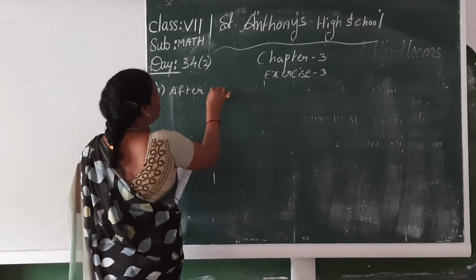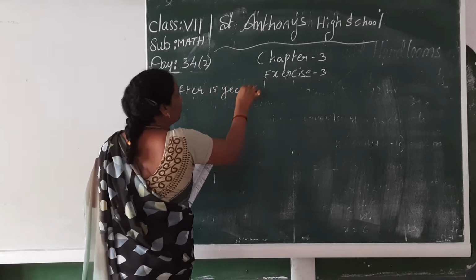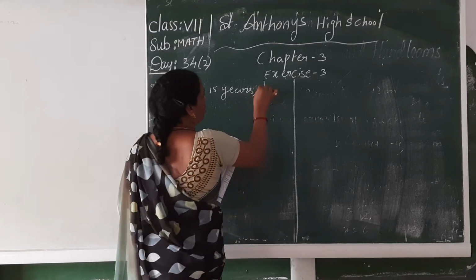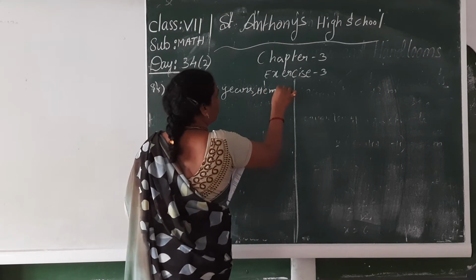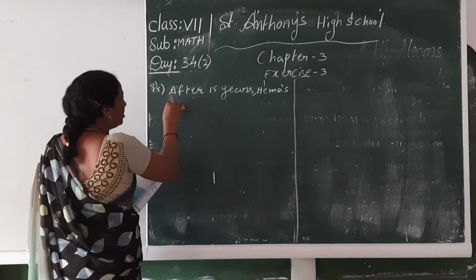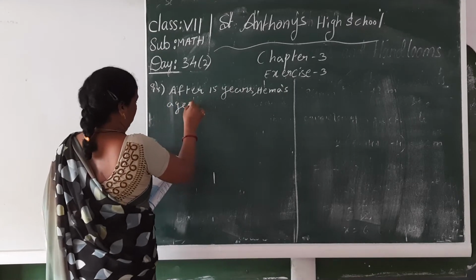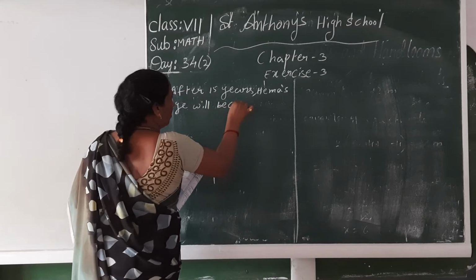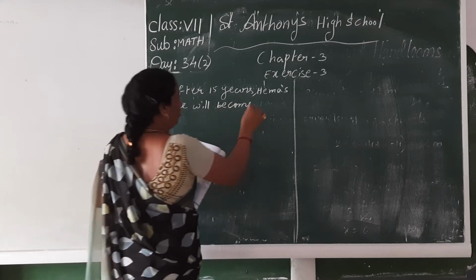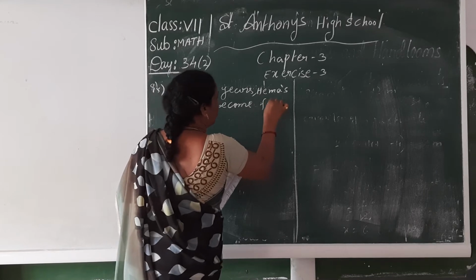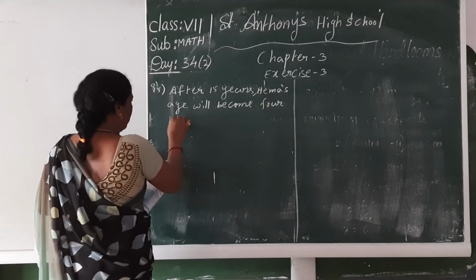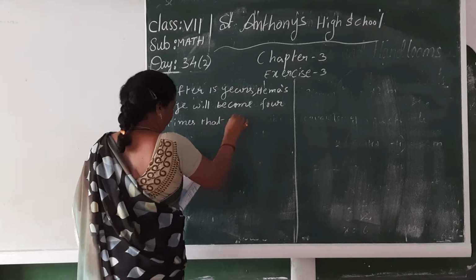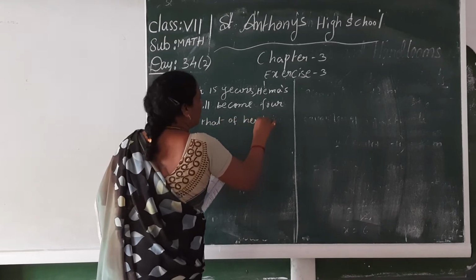After 15 years, Haman's age will become 4 times her present age.